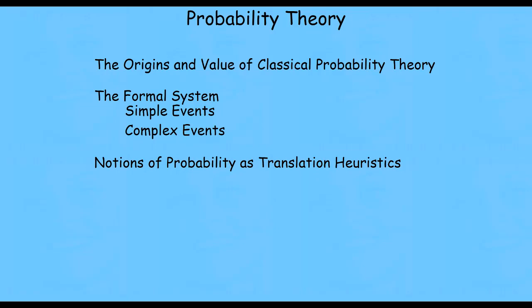Then we'll turn to those 3 different notions of probability theory that have emerged over time. And we'll talk about the classical notion of probability, the frequency interpretation of probability, and the subjective interpretation of probability. And as I said, we'll see that each of these interpretations has cases where it's very apt for assigning probabilities to simple events.